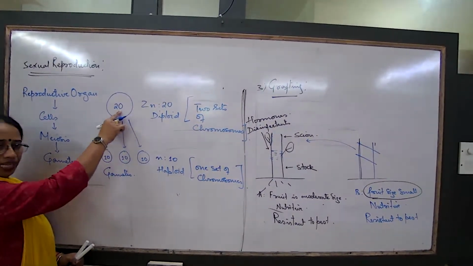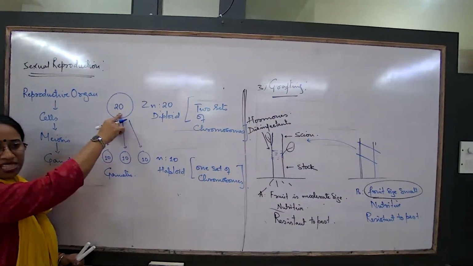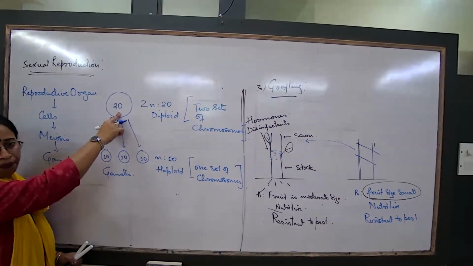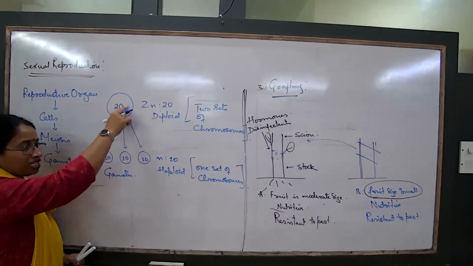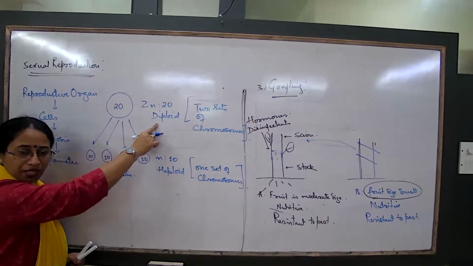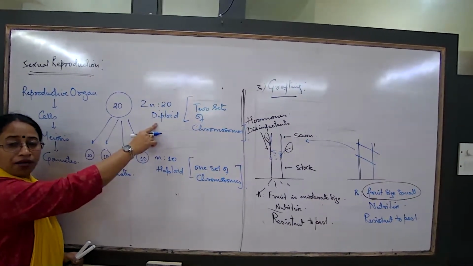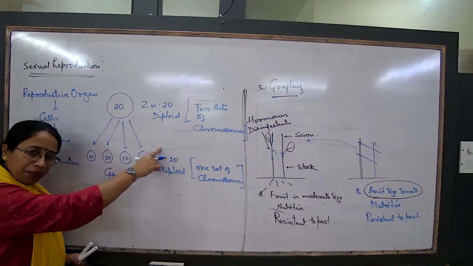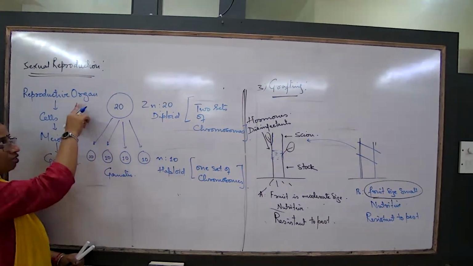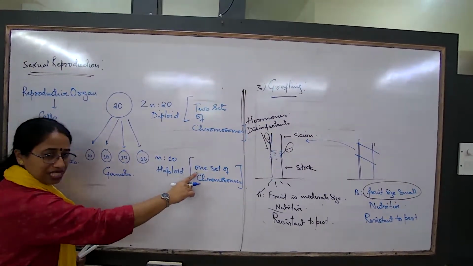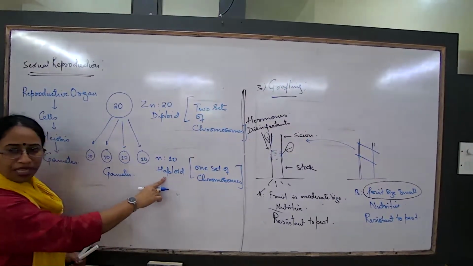Here we are saying in each of our body cells, whether it is the cell of the liver, lungs, intestine, or the reproductive organs, testes, ovary, the number of chromosomes is the same. This 20 chromosome number present in every cell of our body, we call diploid. If it is the cell of the liver, lungs, intestine, then by mitosis the 20 will be maintained. But if it is the reproductive organ, then this gets divided to just half, having only one set of chromosomes. What do we call this? Haploid.